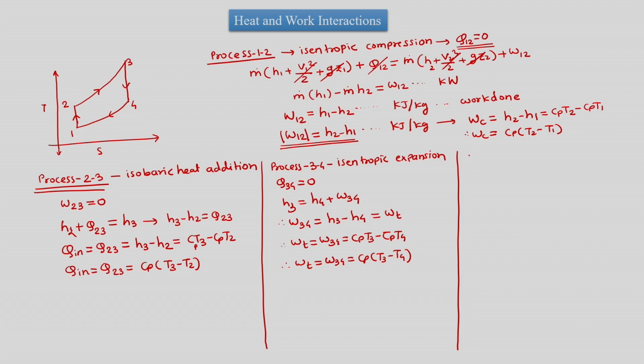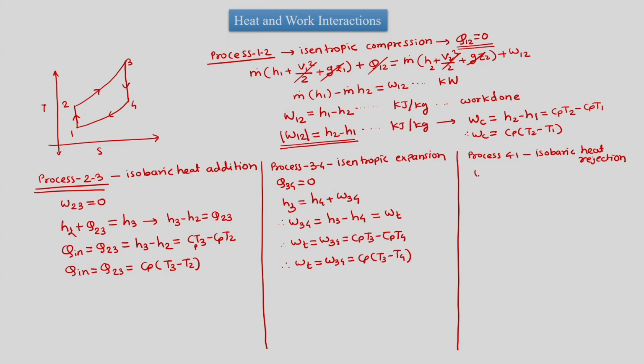So let us consider process 4-1, and that is isobaric heat rejection. This process is conducted in the pre-cooler.